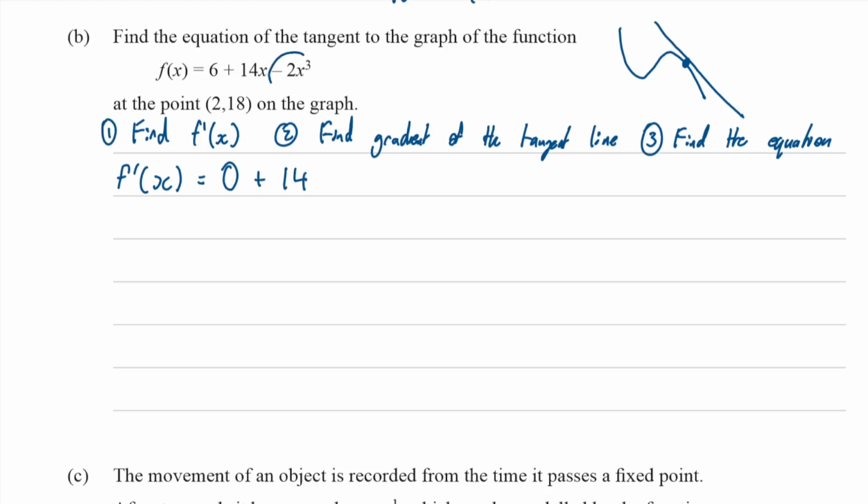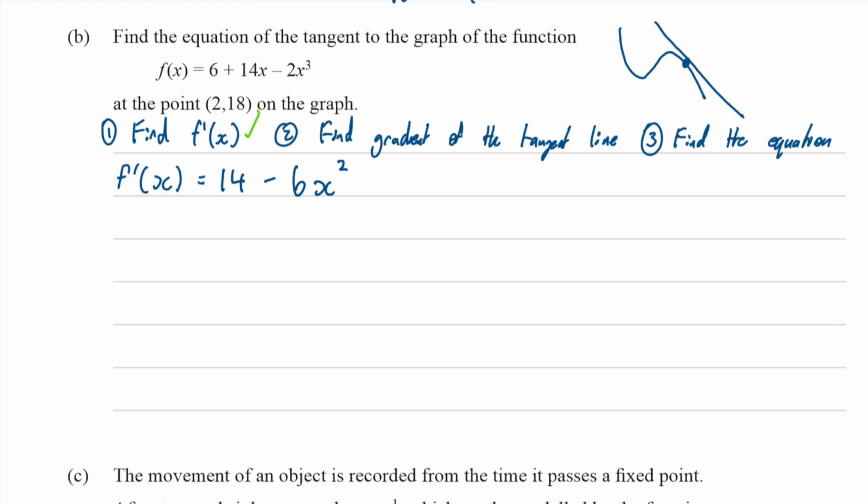The derivative of minus 2x cubed is taking the 3, multiplying it out the front to give minus 6, and then x to the power of 3 minus 1, right, subtracting 1 from the power. Awesome. And just to write that a bit more cleanly, we don't need the 0 out the front. So we have found f prime of x, right, the derivative.